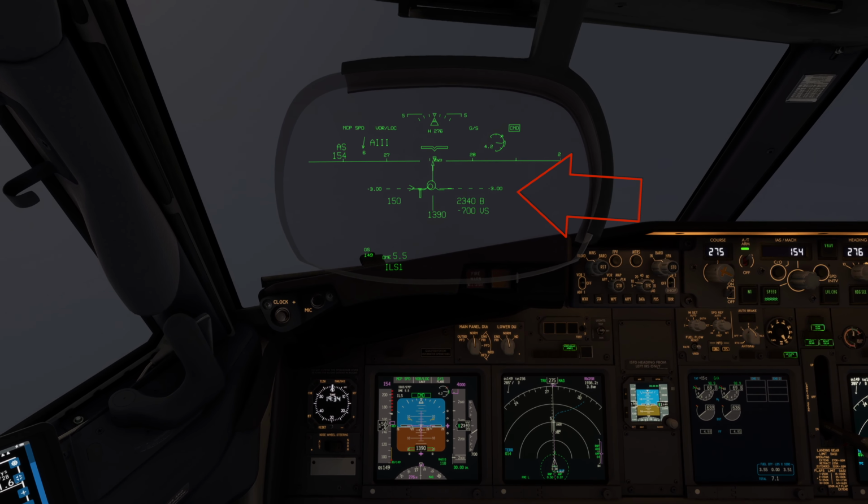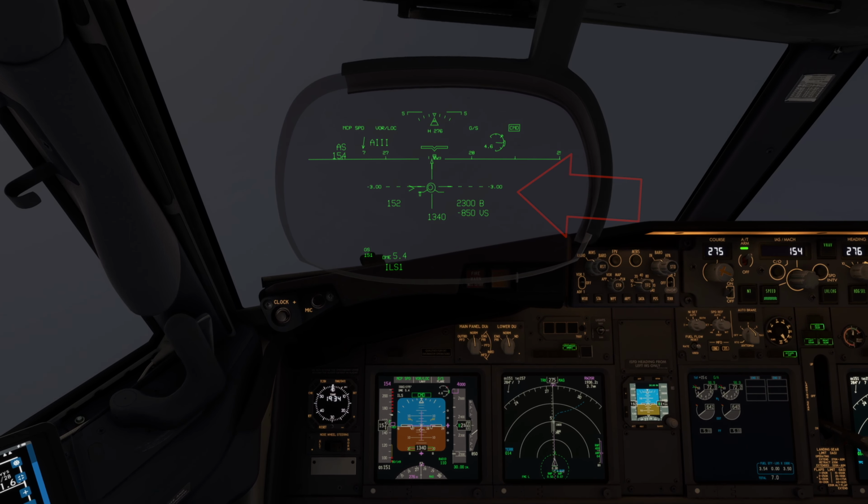The 3-degree glide slope is shown as a dashed green line on the HUD.